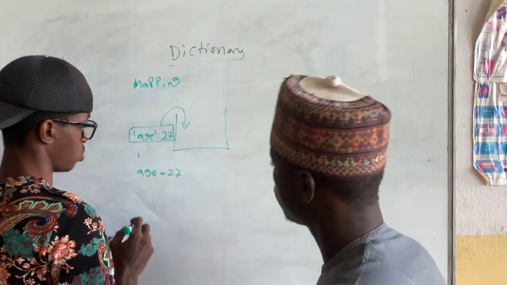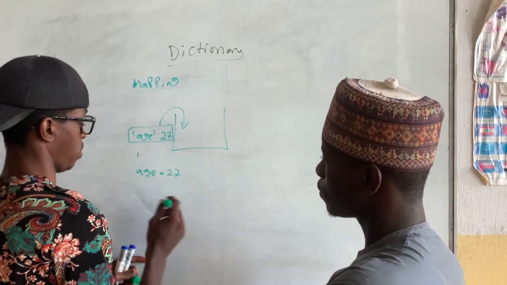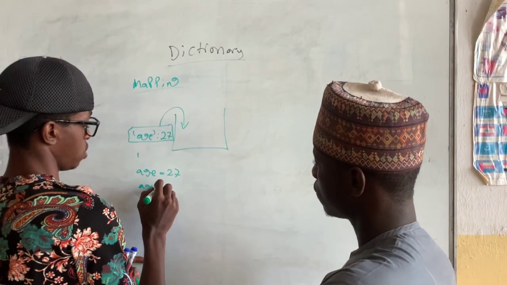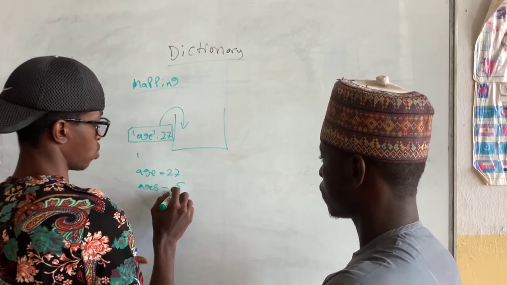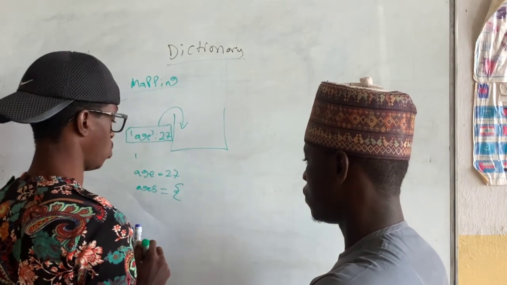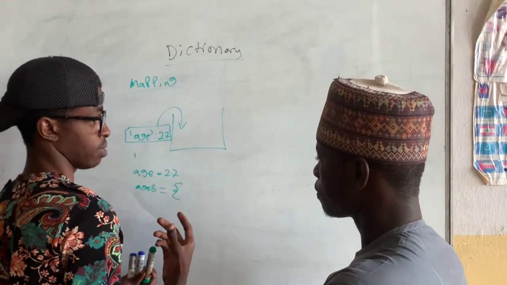When it comes to creating a dictionary, let's say you're going to store the ages of people. Then we say ages, then it's equal to, then you open curly brackets. For every age, let's say we use the name of the person.